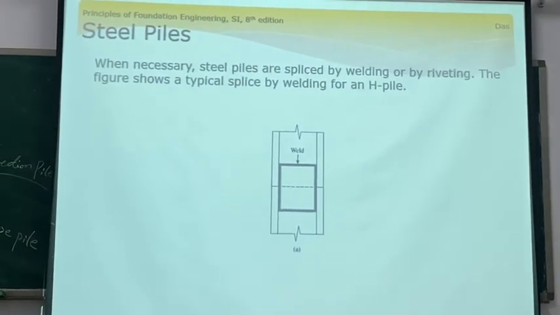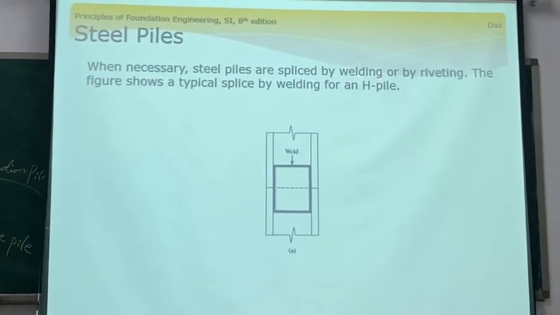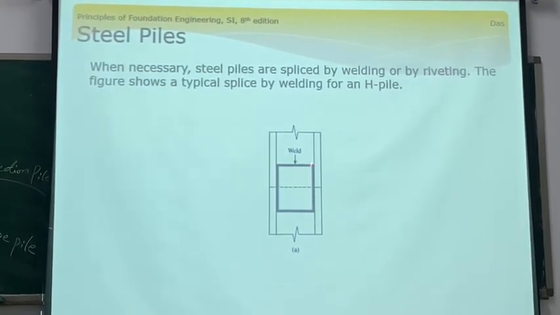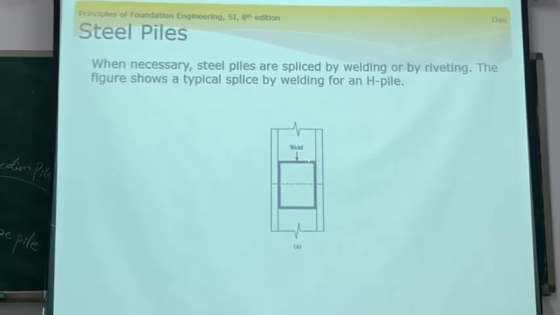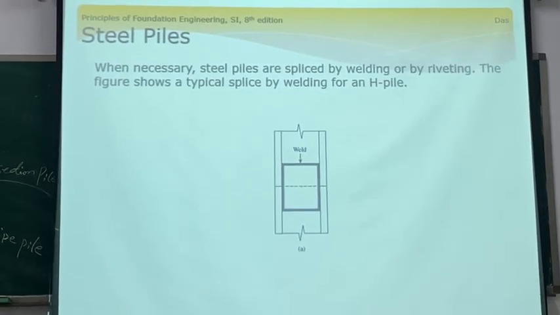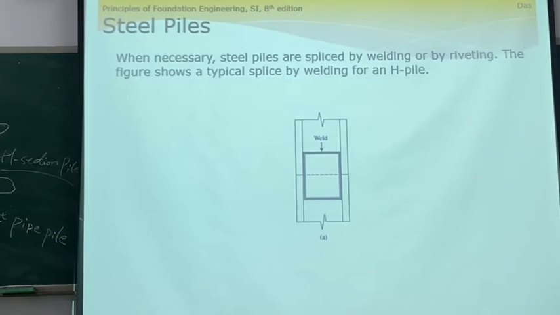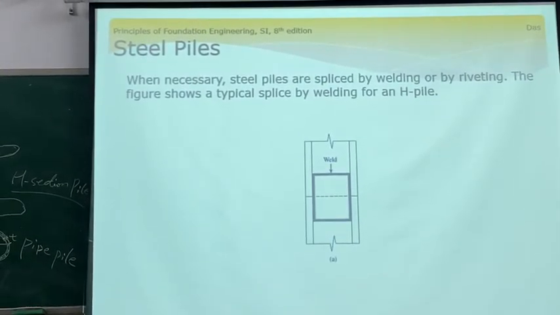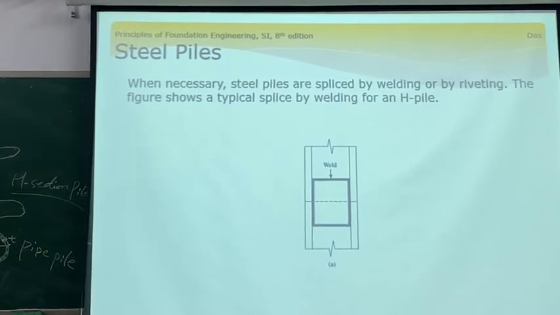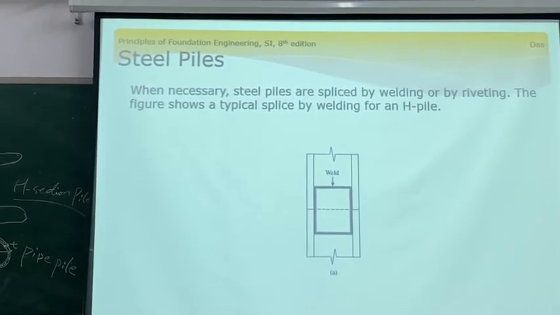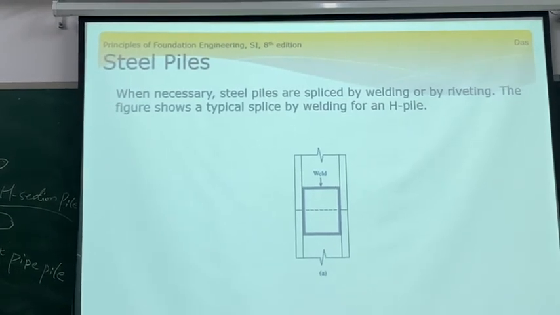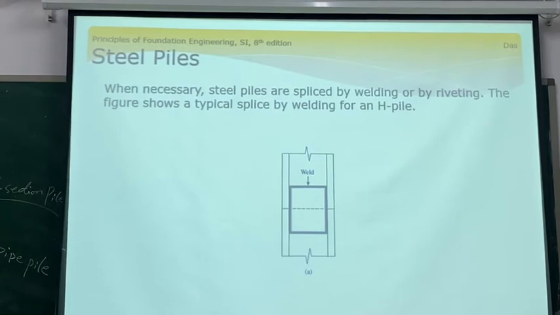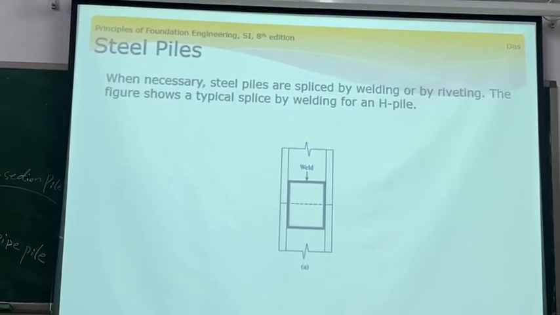When we join the steel piles, by welding or by bolting, we can apply the pile. For H piles, because the length of the pile is very large, when you make the H pile from the factory, the length is the same.